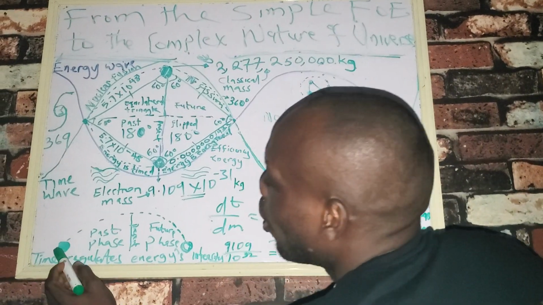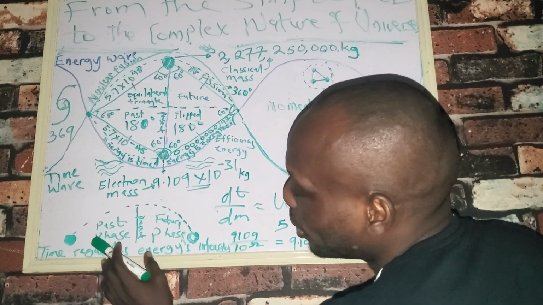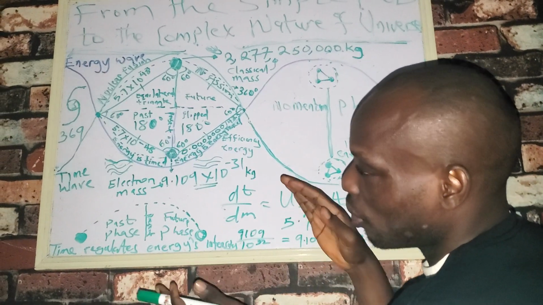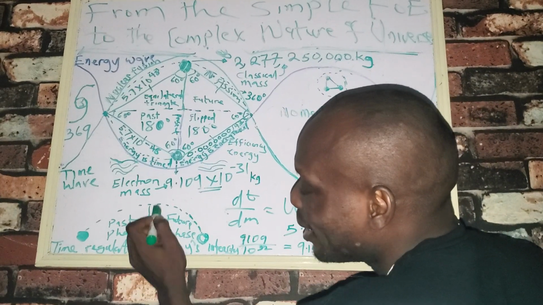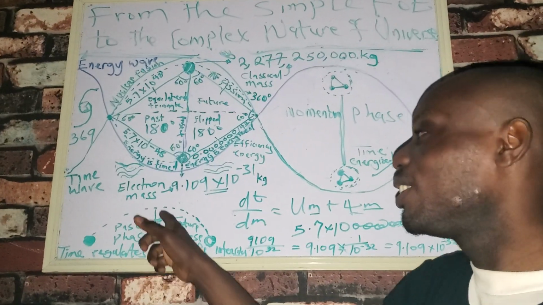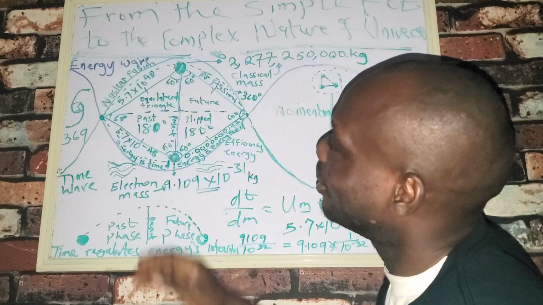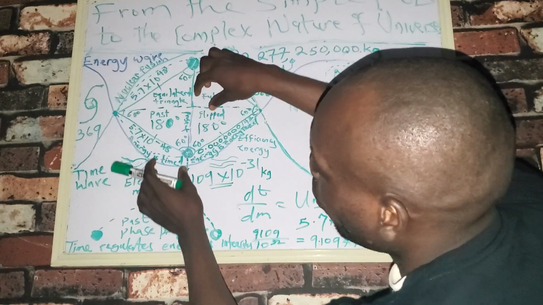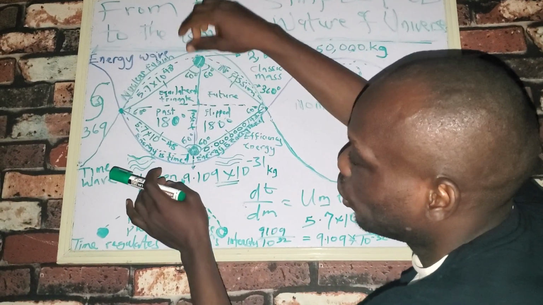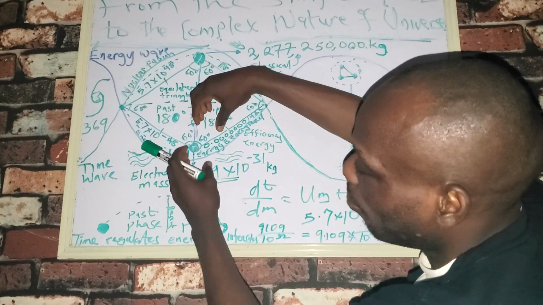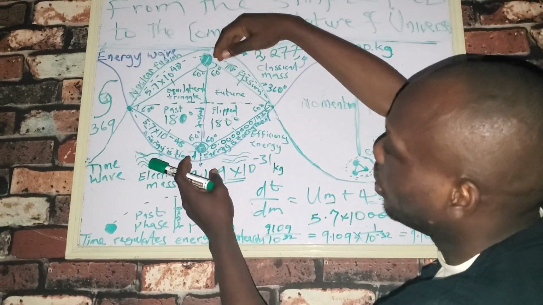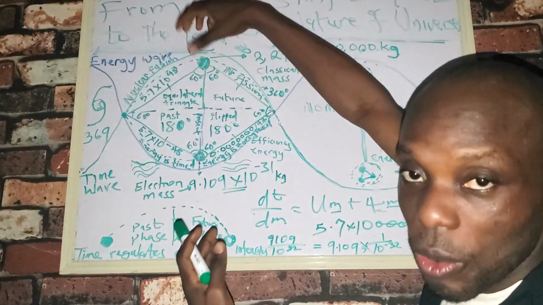So now, as the ball travels through the past phase, there will be accumulation of mass. And at the present phase, don't forget that this present phase is what we have right here, and that is because we have contraction right here. So we have tiny particle worth relative to huge mass formation.